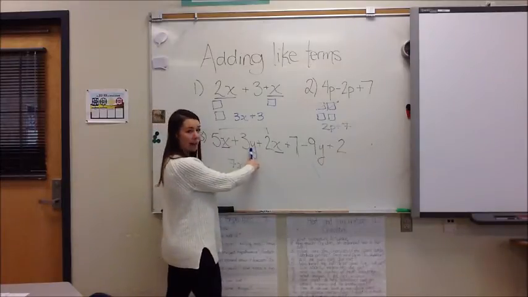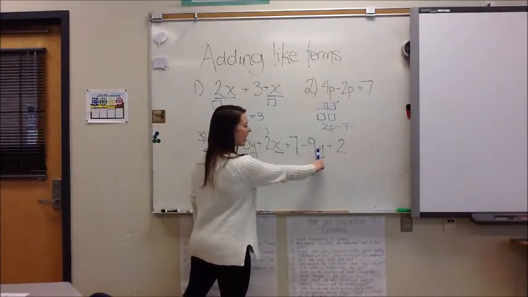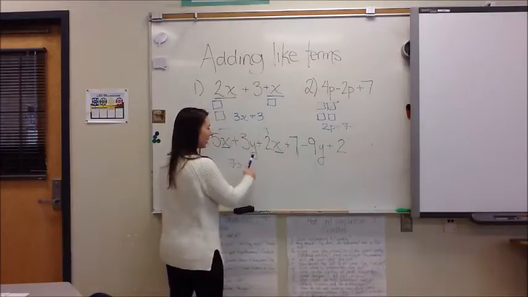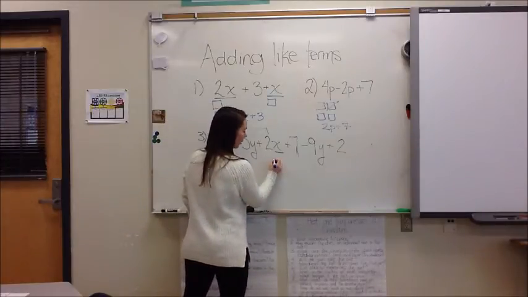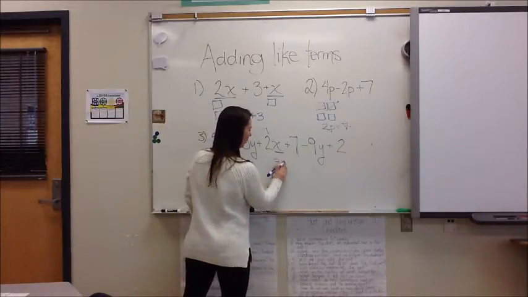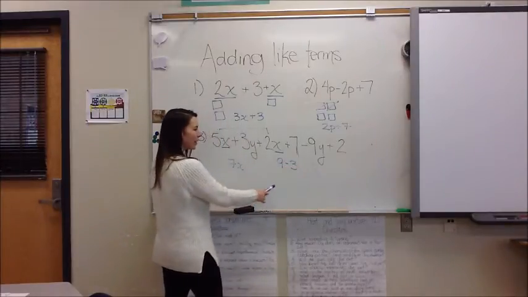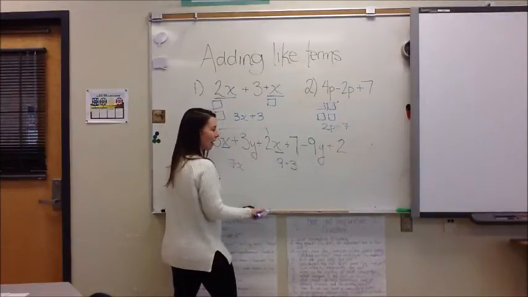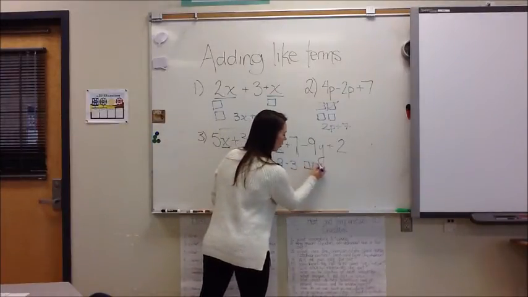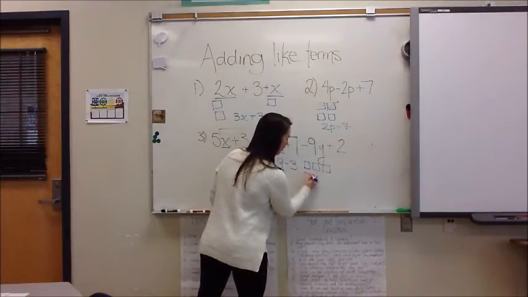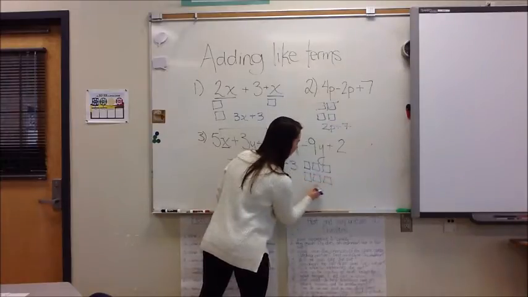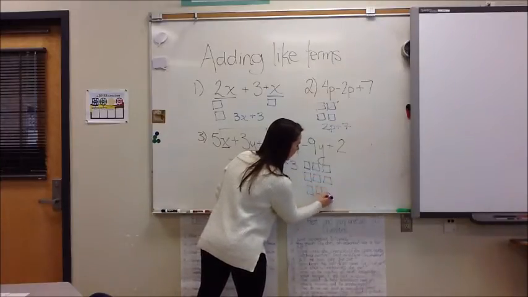Now let's look at our y's. We have 3y and negative 9y. So I can't just go 3, what could we do? Sorry. 9 take away 3, because this is a negative 9y. If you need to, make your tiles. So we have 9 negative tiles.